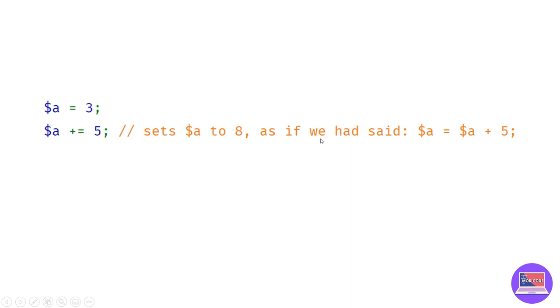It's as though we had said a is equal to a plus 5. We assigned a right here, so that makes it 3 plus 5, and the result is 8. So a plus equals 5 is the same as saying variable a is equal to variable a plus 5. That makes it 8.